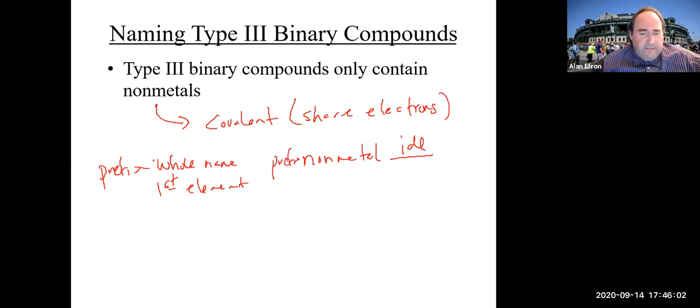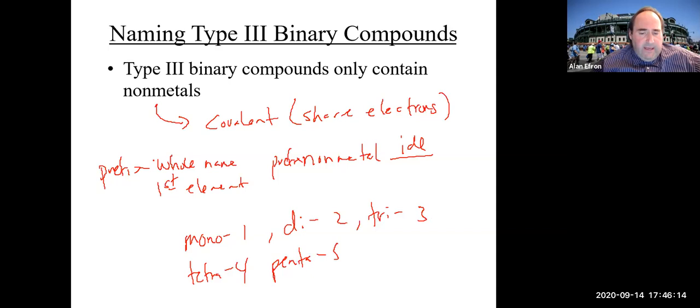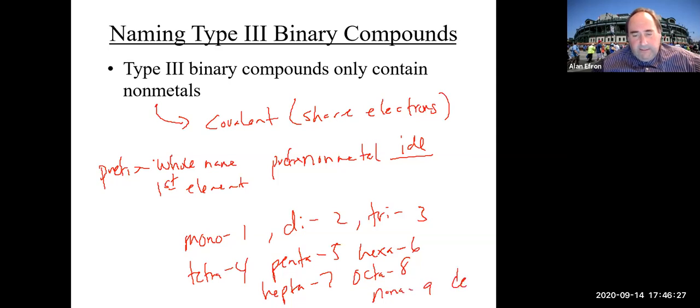Prefixes like mono, which is 1, di, which is 2, tri, which is 3, tetra, which is 4, penta, which is 5, hexa, which is 6, hepta, which is 7, octa, which is 8, nona, which is 9, and our good friend deca here, which is 10.